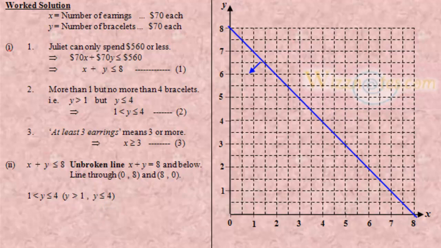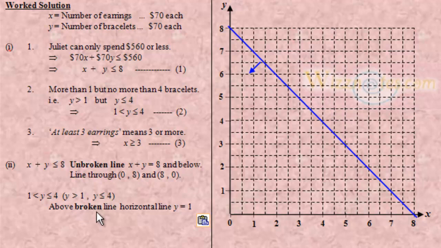The y greater than 1 really means that we want above a broken line, and the broken line is going to be a horizontal line, y equals 1. Now the line for this y greater than 1, we draw a broken line to indicate that the line is not a part of the inequality because the equal is not there.